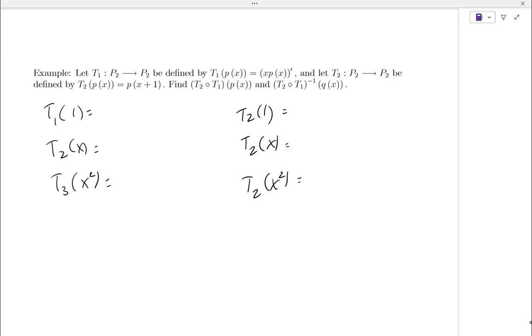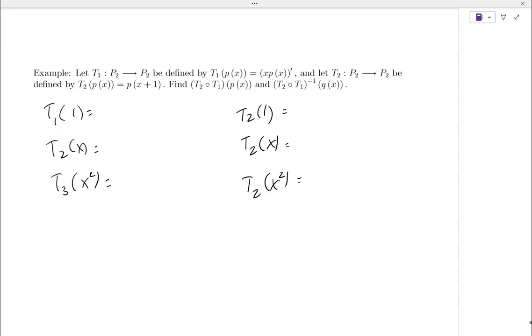That's the first step, right? Anytime I want to find a matrix for a transformation, the first thing I'm going to do is put the basis vectors that I'm given into the transformation and get outputs for the basis vectors. In this case, we're not given basis vectors, so we'll use the standard basis.